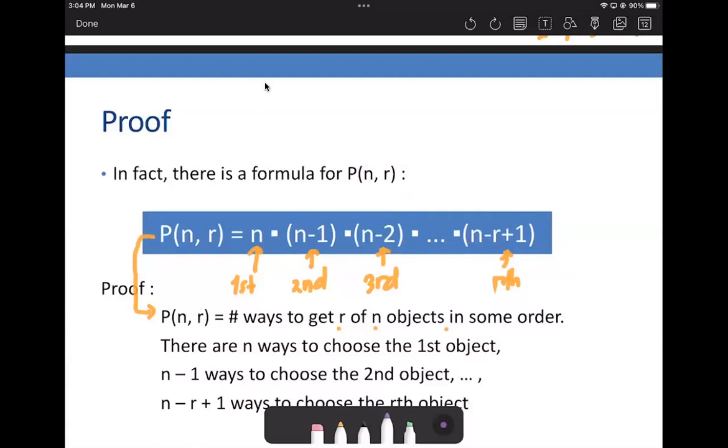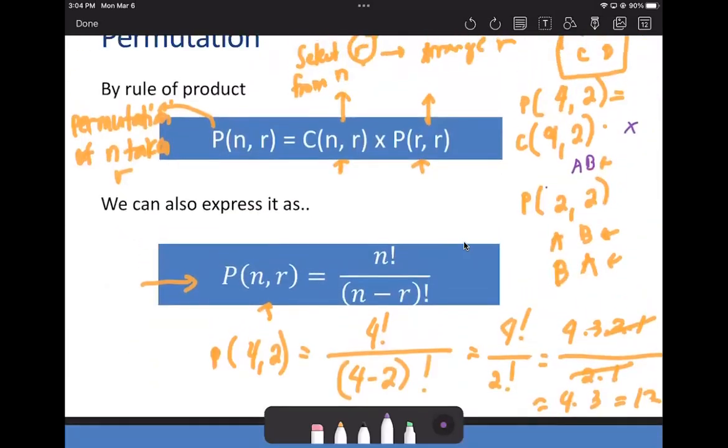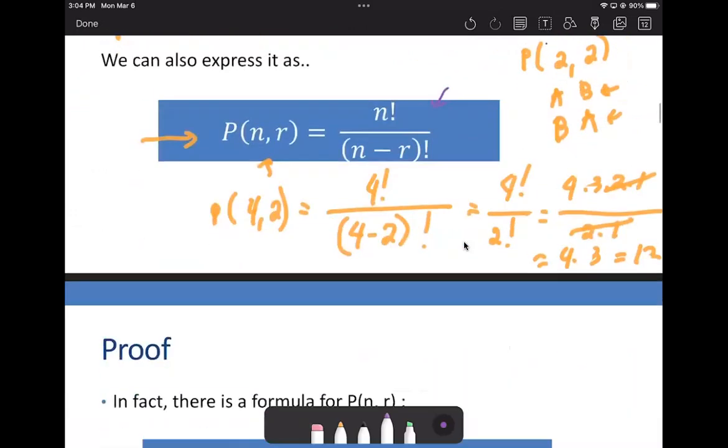Excuse me. So again, we have this permutation. We have this formula earlier of permutation, correct? The permutation of n taken r is equivalent to n factorial over n minus r quantity factorial.